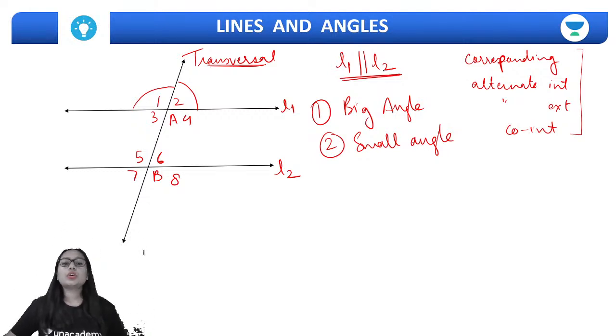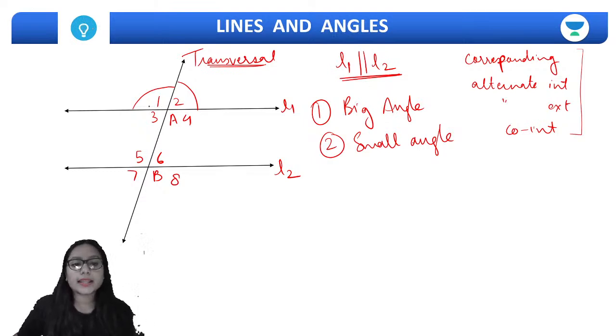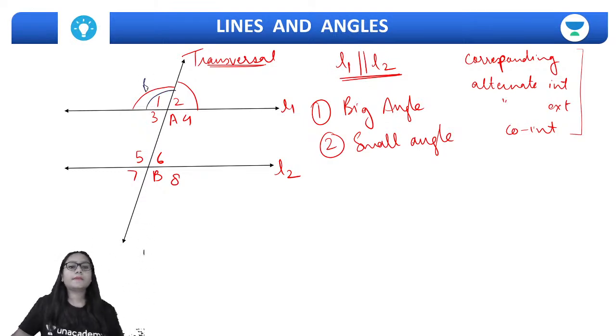So if I look at angle 1 and angle 2, I can say that angle 1 is a big angle and angle 2 is a small angle.